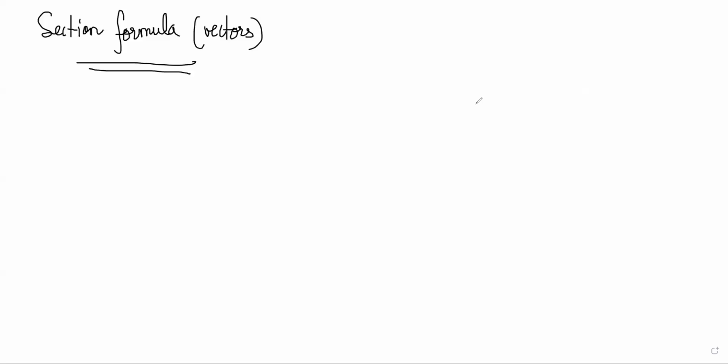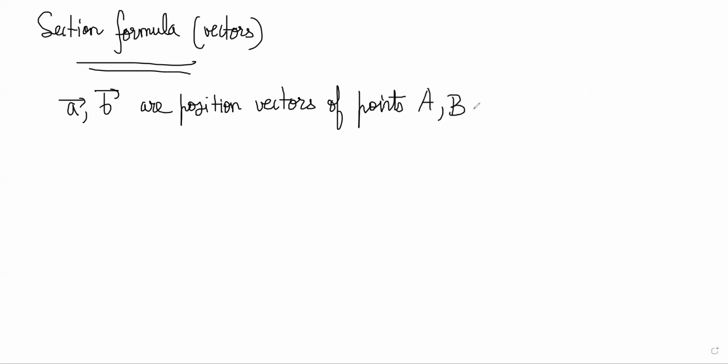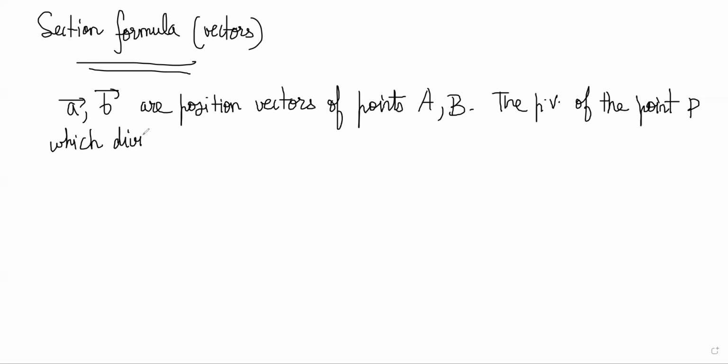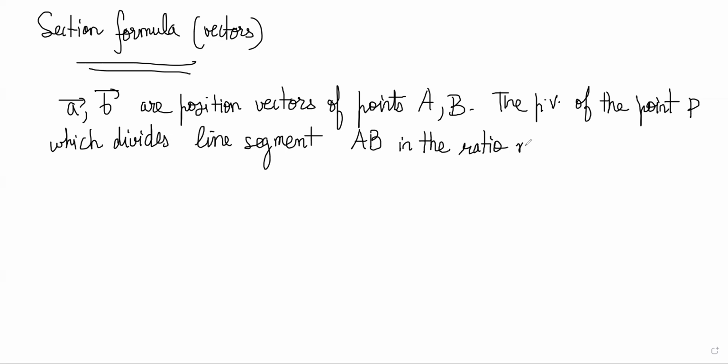The section formula for vectors says that if A and B are position vectors of points capital A and capital B, the position vector of the point P, which divides the line segment AB in the ratio m is to n, is basically we can say the P vector is equal to (m times B plus n times A) by (m plus n). What is the meaning of this?